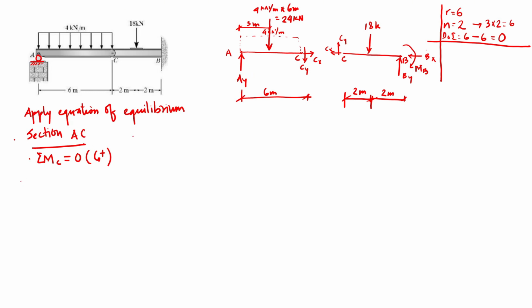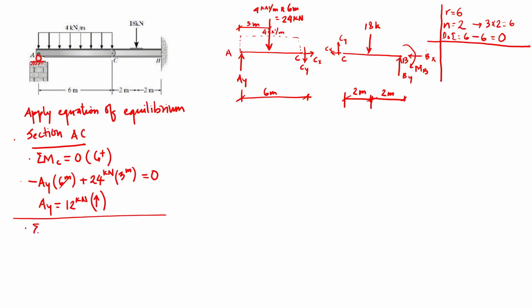The vertical reaction AY is causing clockwise moment, so negative AY times the moment arm 6 meter, and the external load 24 kilonewton is applying counterclockwise moment, so 24 kilonewton times the distance of 3 meters. So summation of all these would be equal to 0. Solving this, we get the value of AY to be 72 divided by 6, which is 12 kilonewtons, a positive value, so we know that this is an upward reaction as we assumed.